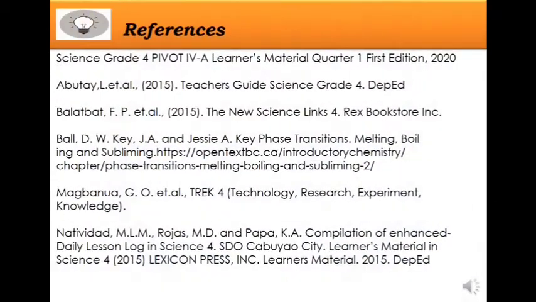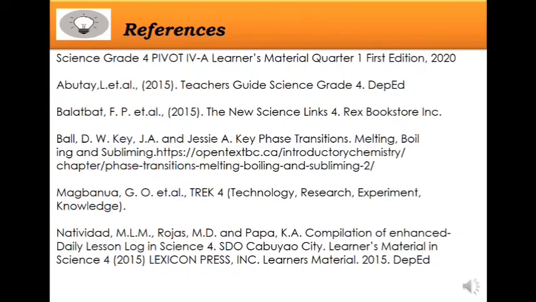So with this, our references for this lesson include Science Grade 4, Pivot 4A, Calabarzon Learner's Material, First Quarter, First Edition 2020. We have Abutay et al. 2015, Balatbat et al., The New Science Link, and another, Magbanwa.